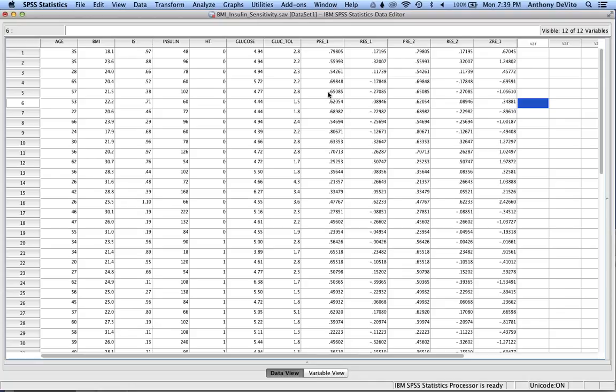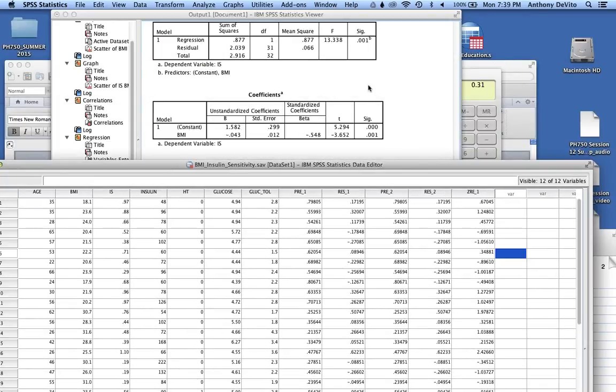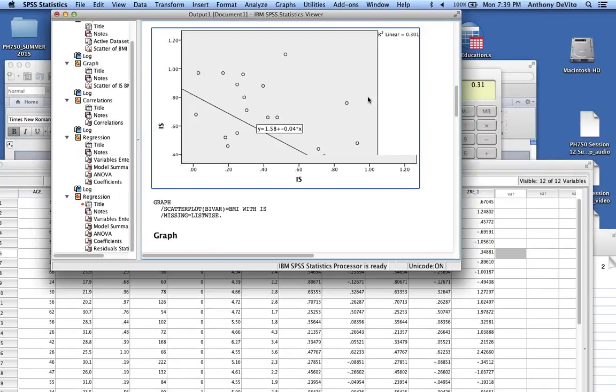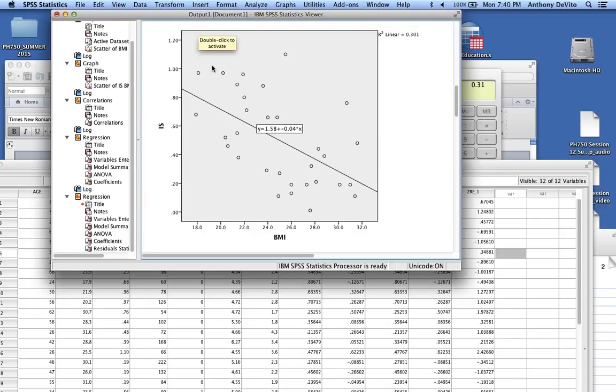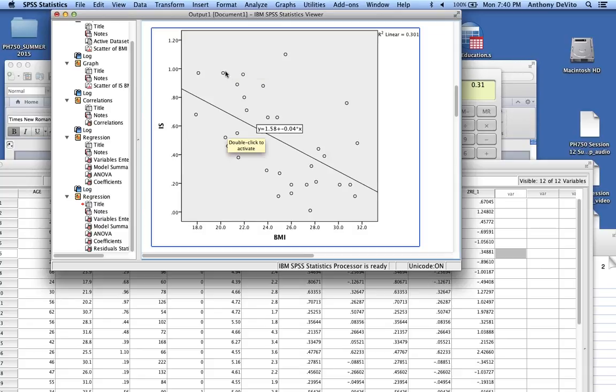One of the things that we're concerned about is with these residual values, the differences between what the line predicts and the actual values, we don't see that these points are all close to the line at one end and far away from the line at the other end. We expect them to be randomly distributed.